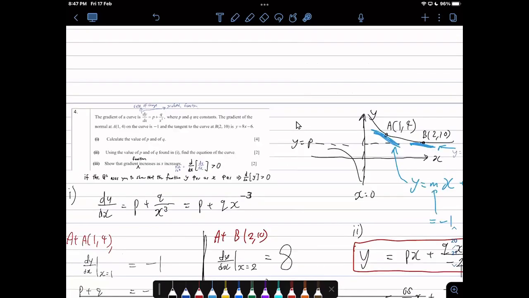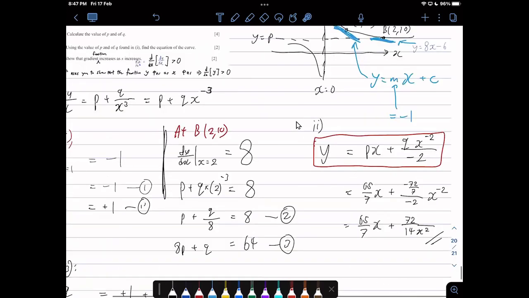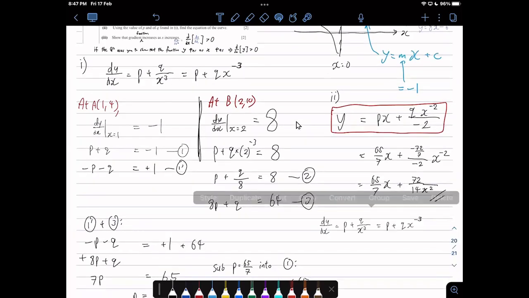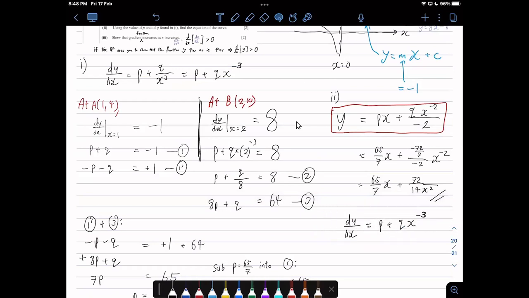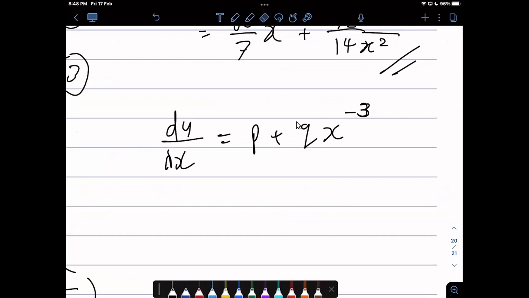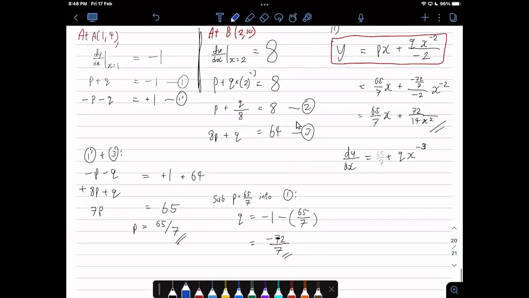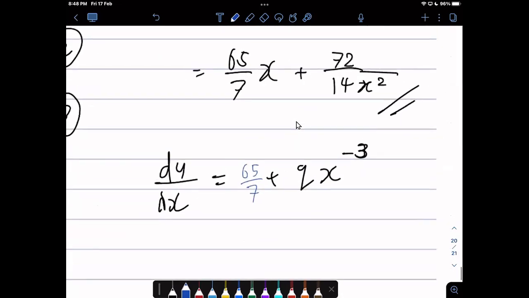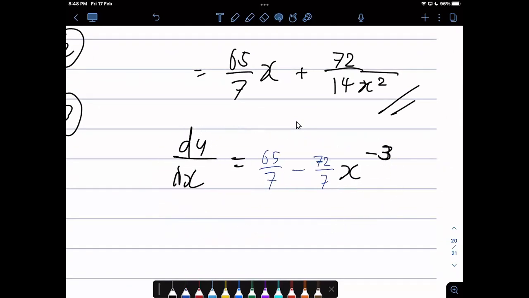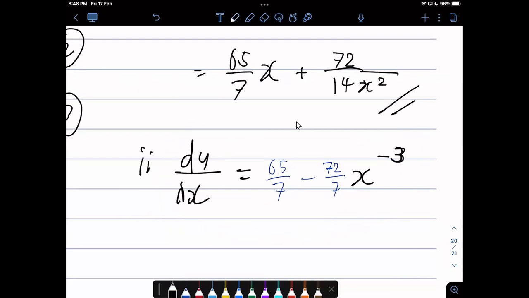So actually, we don't need to start with the second derivative. We can start with dy by dx. We already know dy by dx is this guy, right? So all we need to do now is to replace the p and the q. P is 65/7. Q is -72/7. This is part 3.